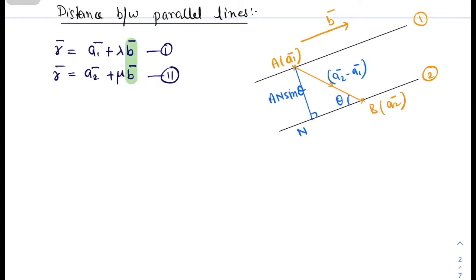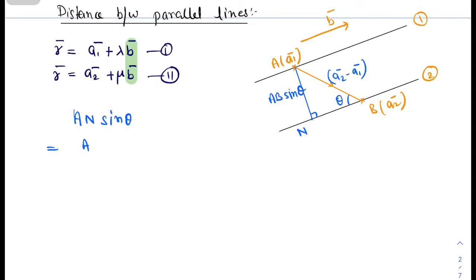The moment sine theta comes out, we have to think of cross product. Sine theta dikhte hi cross product ke baare mein sochna chahiye. What is this AN sin theta? It is basically the magnitude of, sorry, I have committed a mistake here.